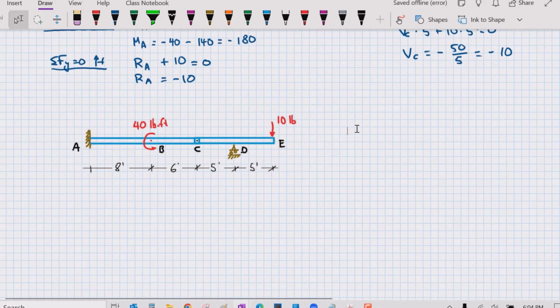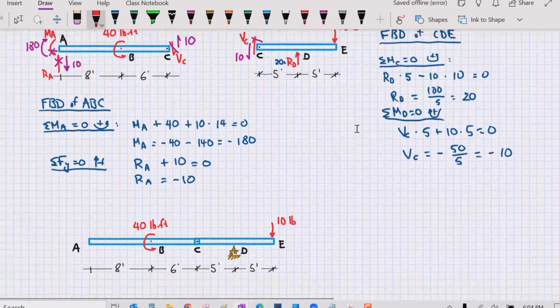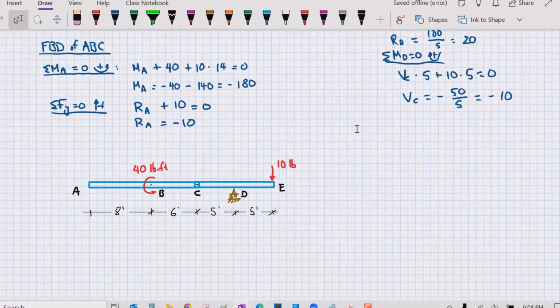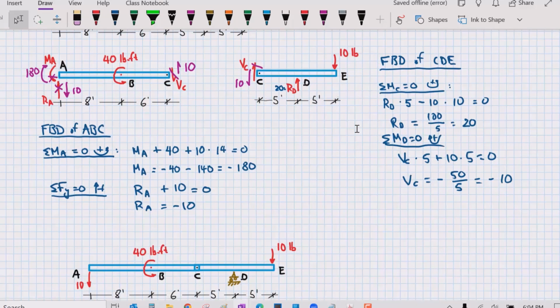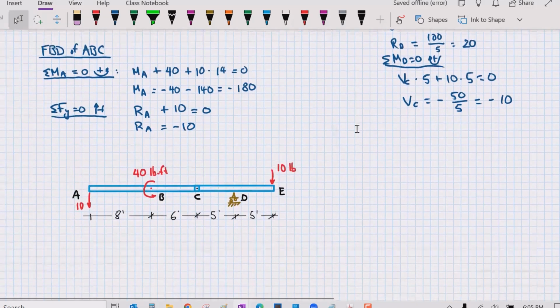So let me put the reactions here. Reaction here is going down, right? And it's 10. And we have a moment that was clockwise 180.